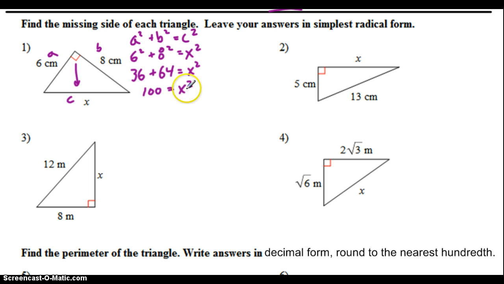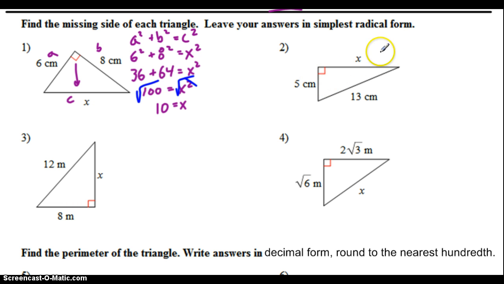So how do I undo or cancel out this square? Well, remember, the inverse of squaring is a square root. So I'll take the square root of both sides, and the square root and the square will cancel each other out, and I'm left with the square root of 100 for x, which is 10. So x is 10.